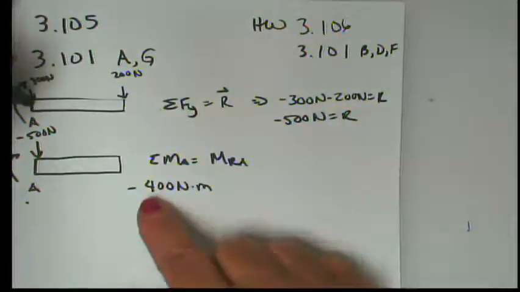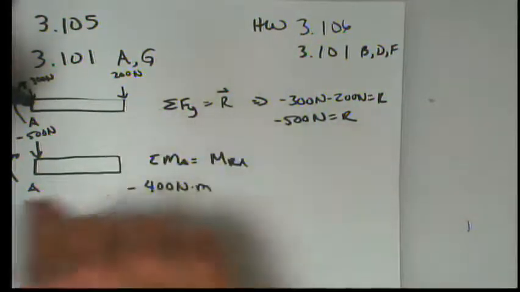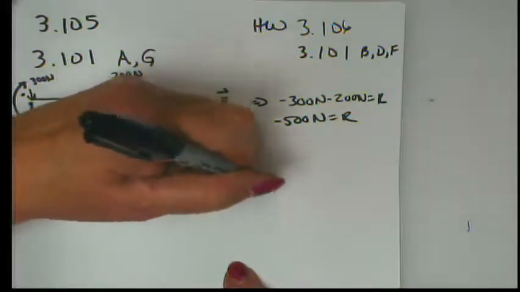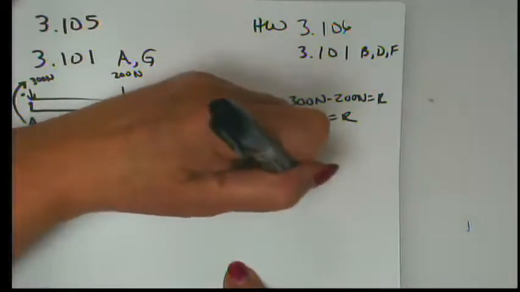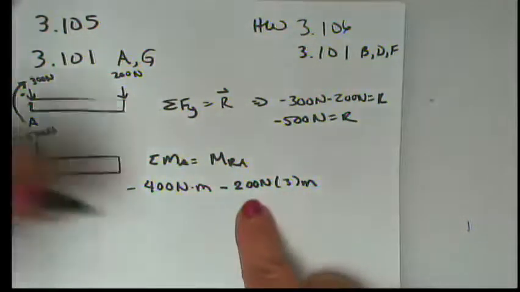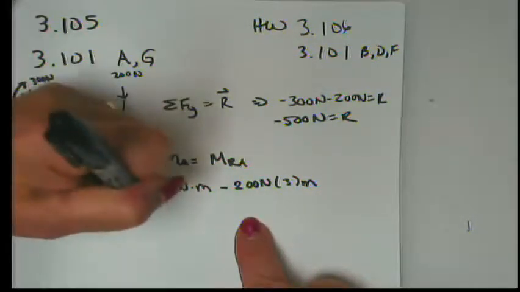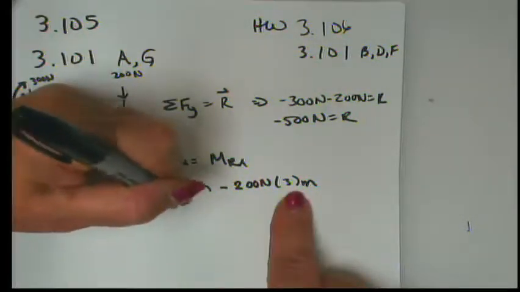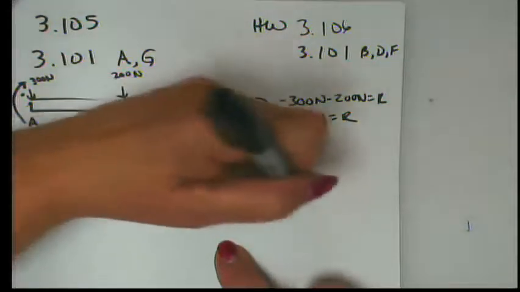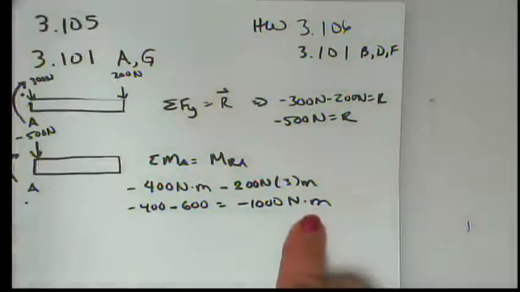And if I put a pin here at A, I see that this 200 Newton force would also create a clockwise spin. So it's 200 newtons times 3 meters, because the distance from here to point A is 3 meters. So the resultant is going to be minus 400 minus 600, or minus 1,000 Newton meters.